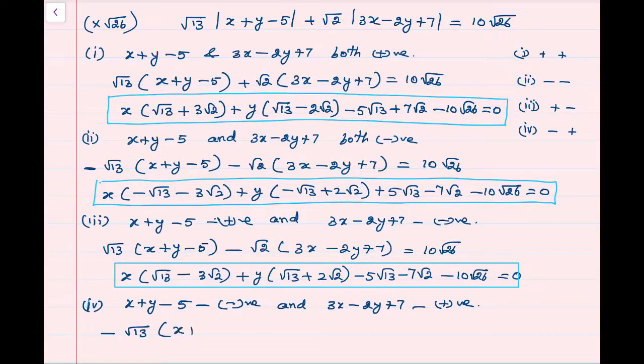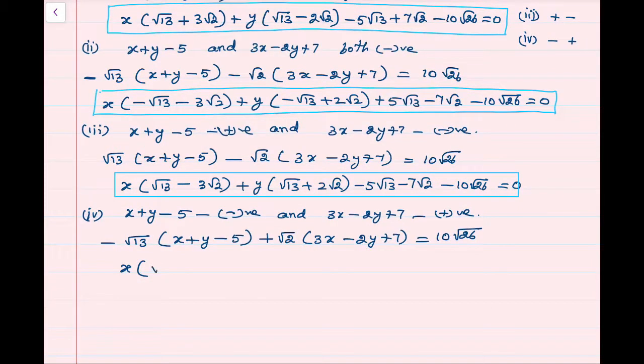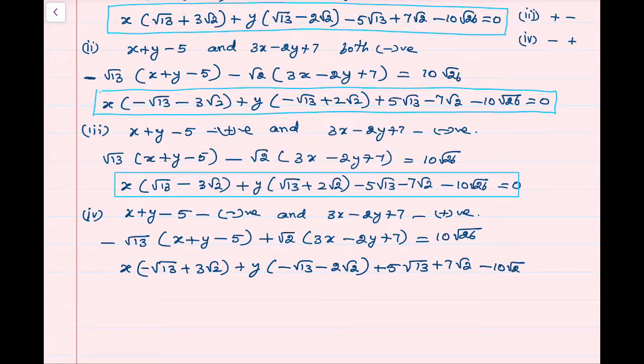Minus root 13 times x plus y minus 5, and this is positive, so plus root 2 times 3x minus 2y plus 7 equal to 10 times root 26. x times minus root 13 plus 3 root 2 plus y times minus root 13 minus 2 root 2 plus 5 root 13 plus 7 root 2 minus 10 root 26 equal to 0.